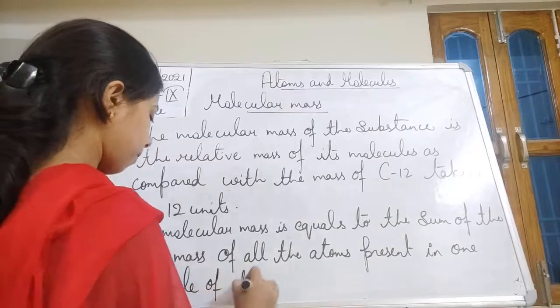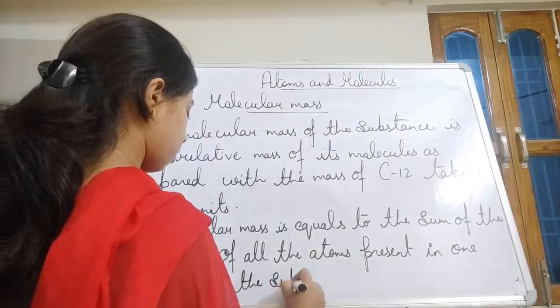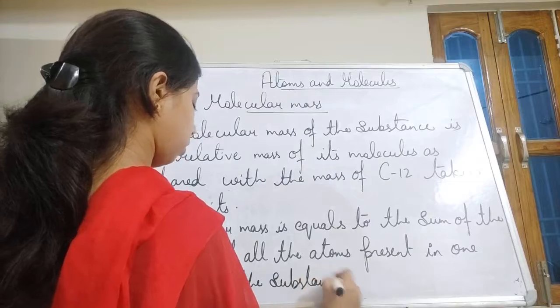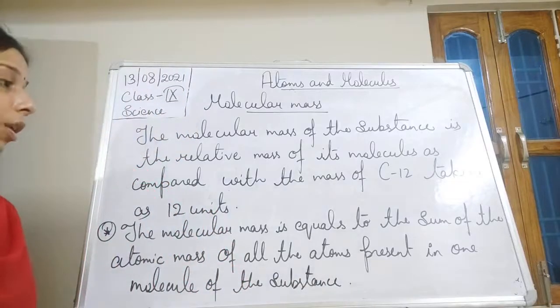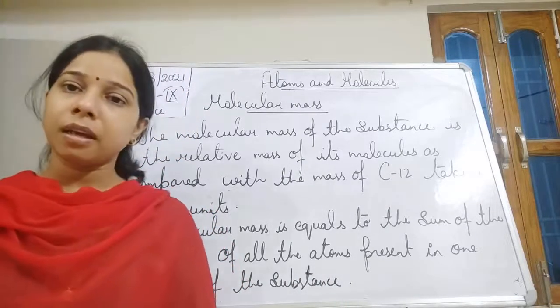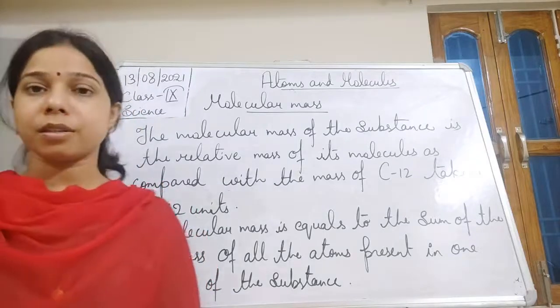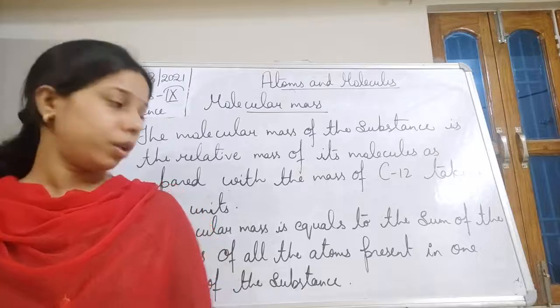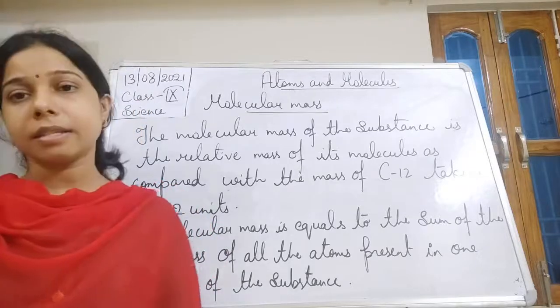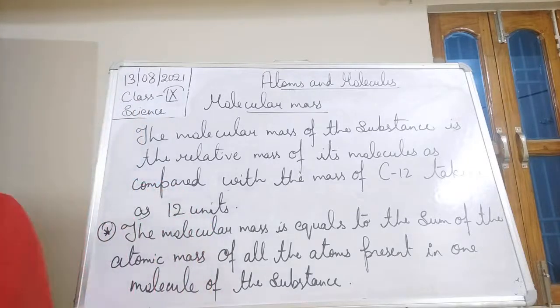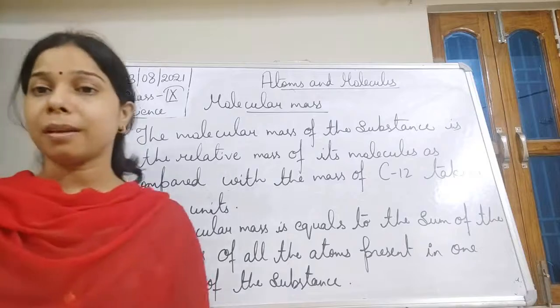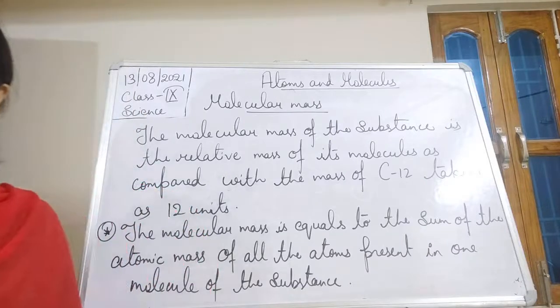Okay, so molecular mass is actually the sum of the atomic mass of all the atoms which are present in one molecule of the substance. We are going to understand this concept, how we are able to find the molecular mass of a given substance.